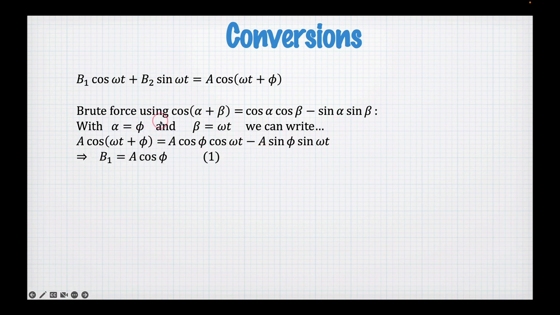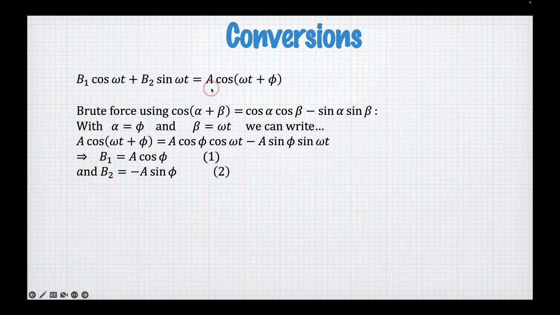This means that, according to this, what we're trying to contract here, b1 must be equal to A cosine phi, and b2 must be equal to negative A times sine phi. And in this case then, this expression here will be the same as this expression here.